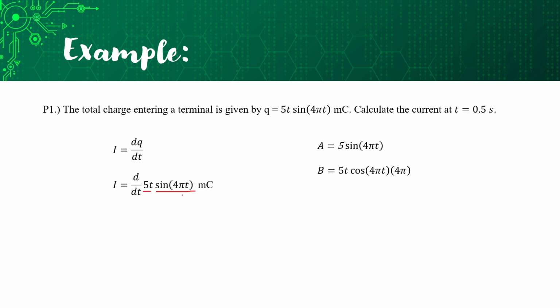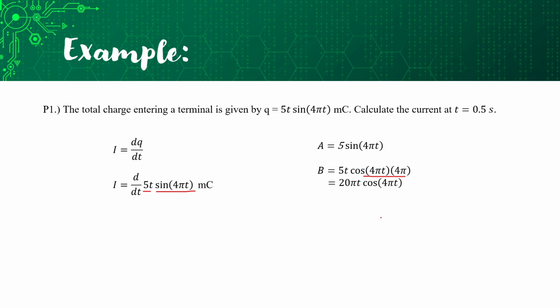Why is it in this format? Because before deriving the sine, we need to also use the chain rule. So deriving the outside, which is the sine, gives cosine 4 pi t, and next is to derive the inside, which is 4 pi. Simplifying the equation, we get 20 pi t cosine 4 pi t.